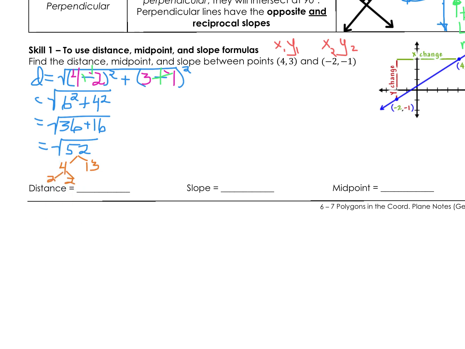So I have 2 groups of 2. I'm going to circle the 2, and so that means 1 two comes out in front. And then that 13 doesn't have a pair, so it stays underneath. So 2 radical 13.